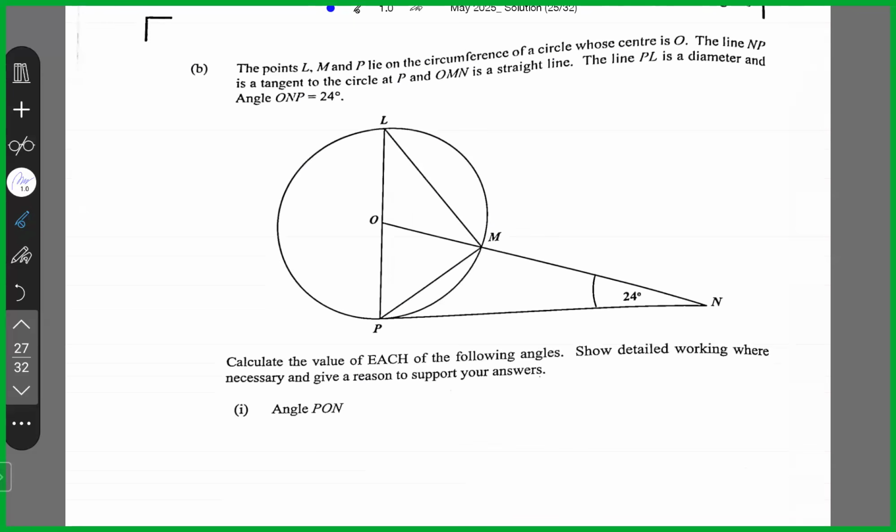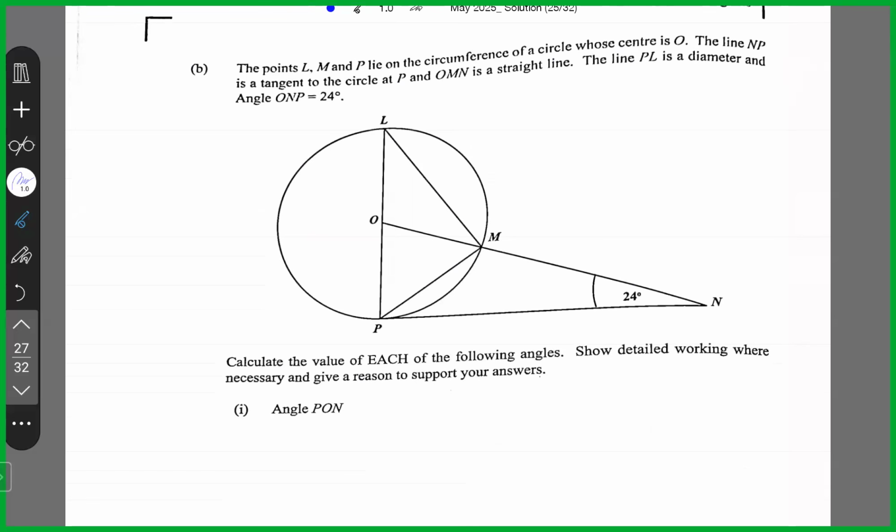B says the points L, M, and P lie on the circumference of a circle whose center is O. The line NP is a tangent to the circle at P. OMN is a straight line.